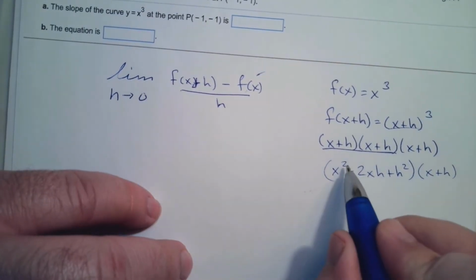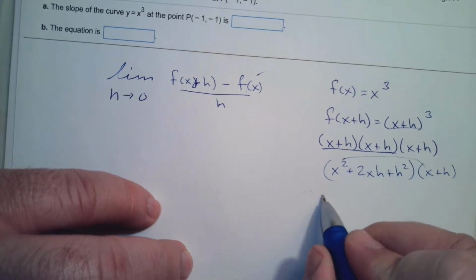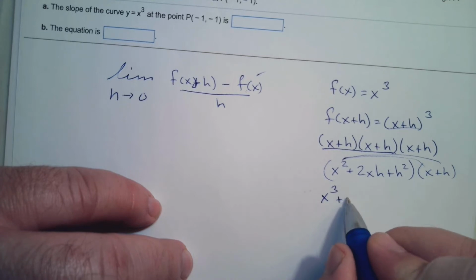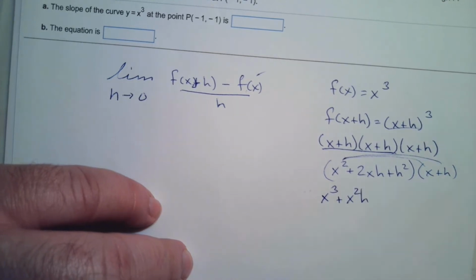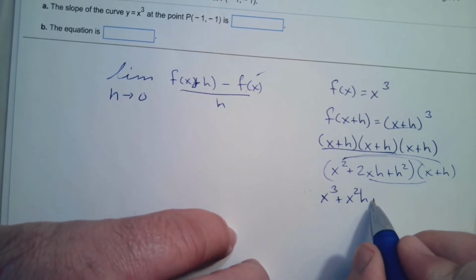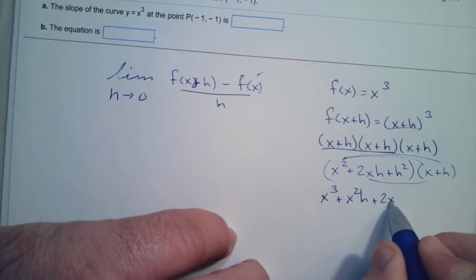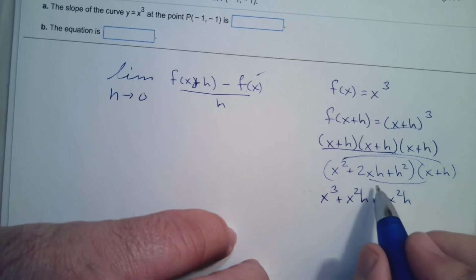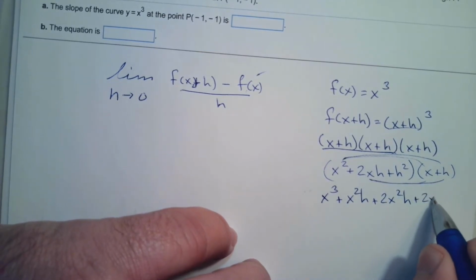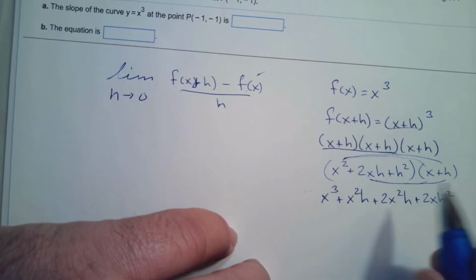Repeat the process. X squared times x is x cubed. X squared times h is x squared h. 2xh times x, 2x squared h. 2xh times h is 2xh squared.